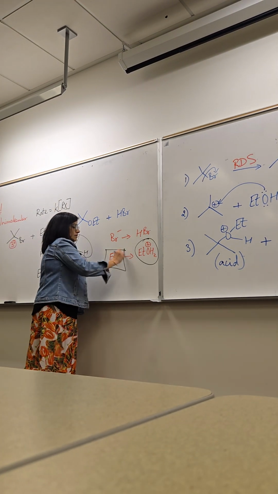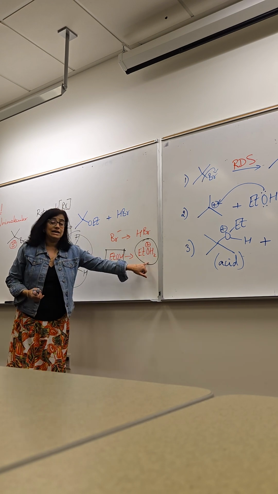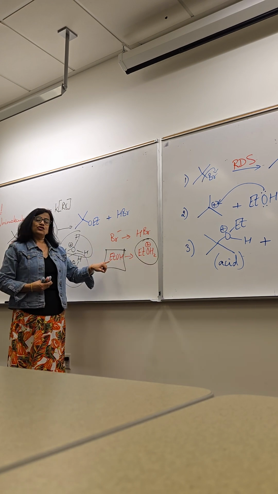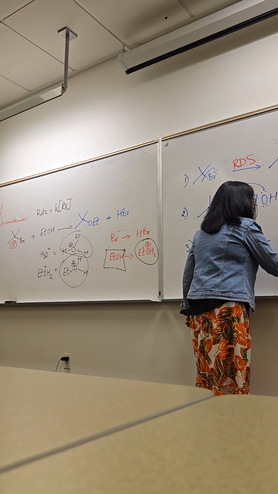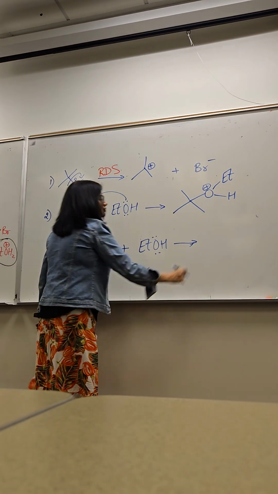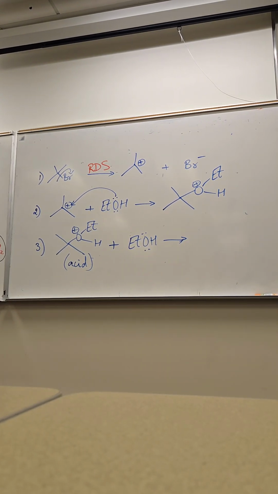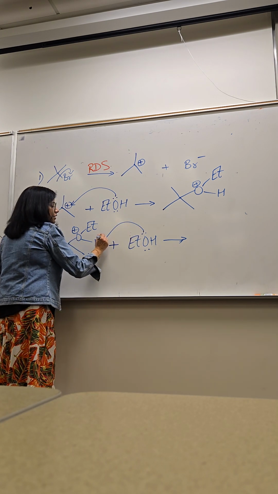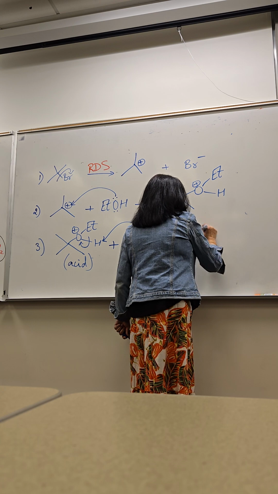EtOH, ethanol. Please don't be misled by the charge. Charge does not always translate into stronger basicity. You have to pause, assess and then decide. So what is this doing? It's taking a proton and creating the final product.